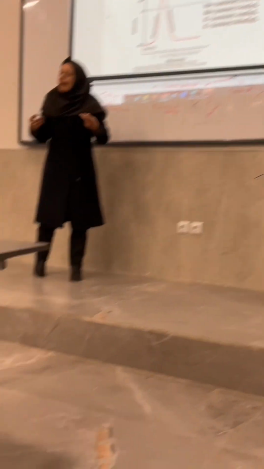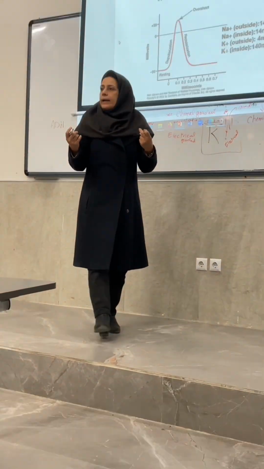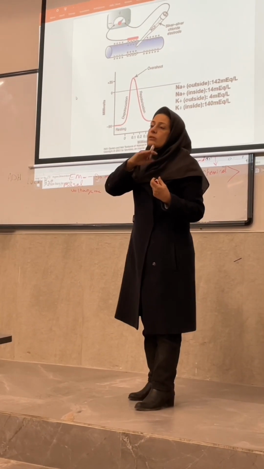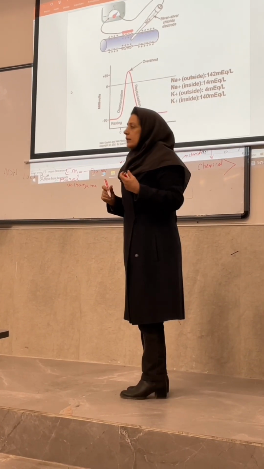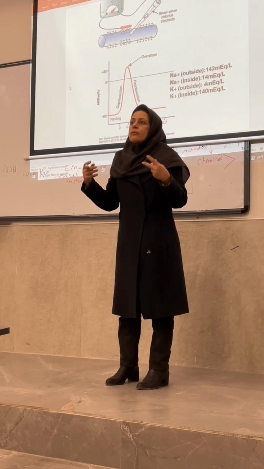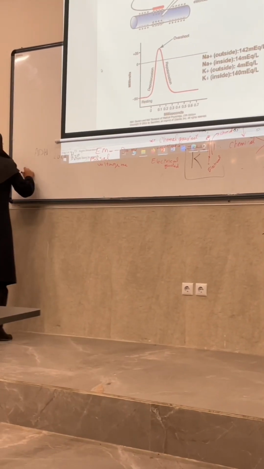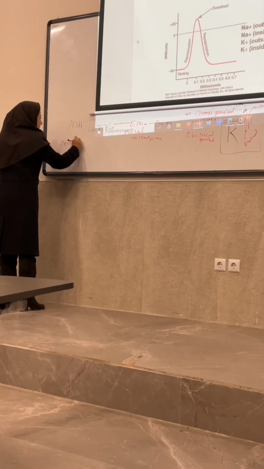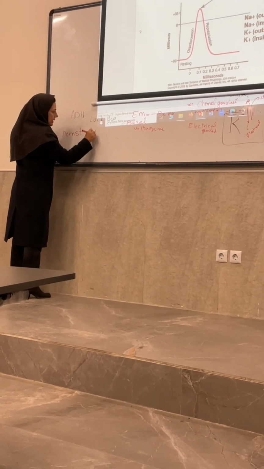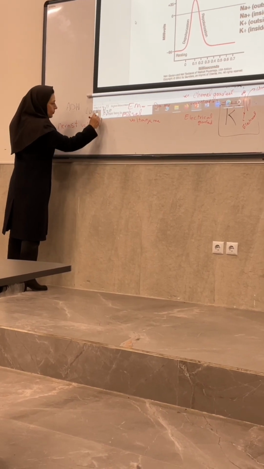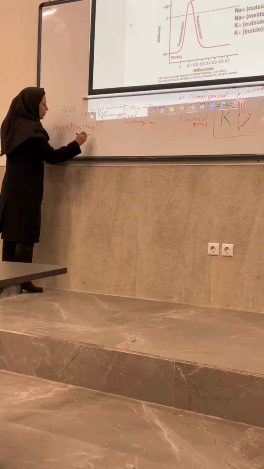But we have another voltage related to each ion. This is the equilibrium voltage of that ion, and we call it the Nernst voltage. We have Nernst voltage for sodium, and we have Nernst voltage for potassium.